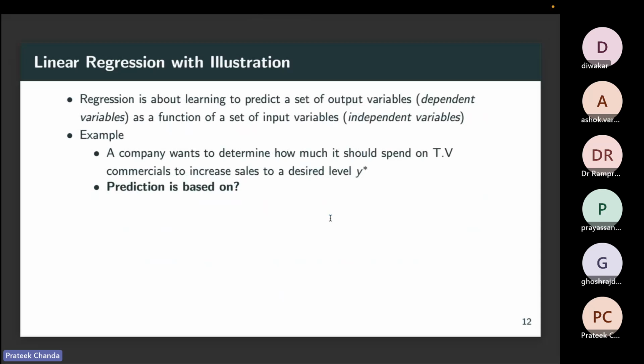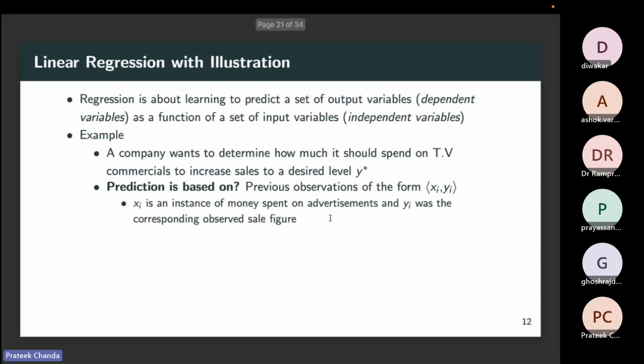And what is a prediction based upon? Prediction is based upon previous observations, like in the training data set. For example, you have a lot of training data, and those observations can help you predict for a new data point. Let's say a company wants to determine how much it should spend on TV commercials to increase sales. So my sales value is my output variable y, and my cost of money is my input variable x.